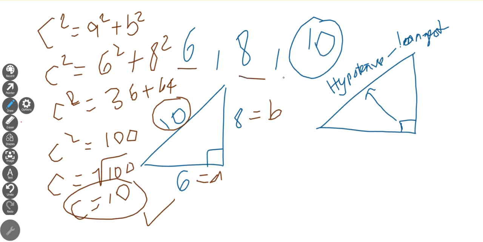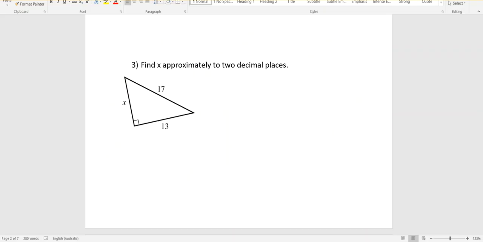These numbers belong to a right angle triangle because when we work out the Pythagoras Theorem, 6 and 8, these two side lengths, when they are squared and added, give us the side length of 10. So that's correct.